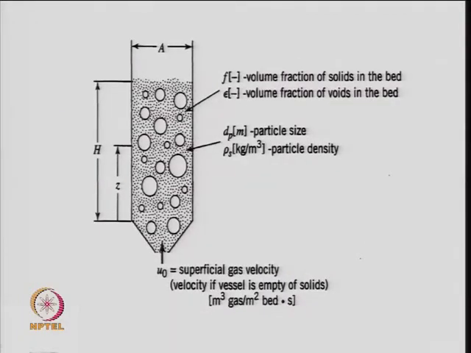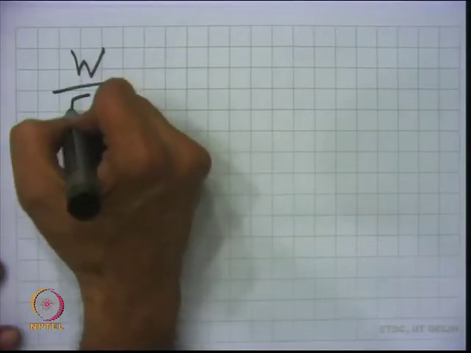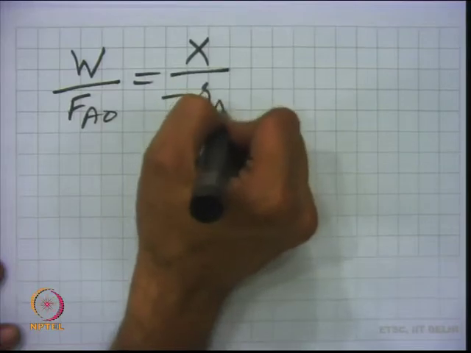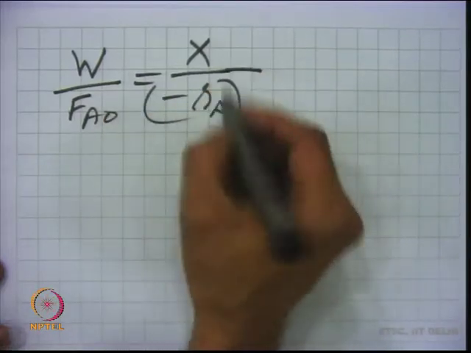The design and the hydrodynamic study, that is when we look at reactor design. In general it is very simple, we are talking about something like a CSTR. In the simplest case, we assume it behaves like a CSTR, then one can simply write W by F naught is equal to x upon minus R A, and one can calculate this if it is known.